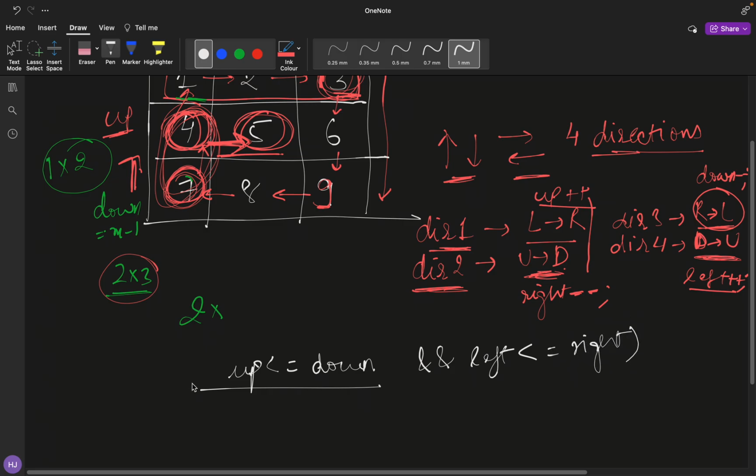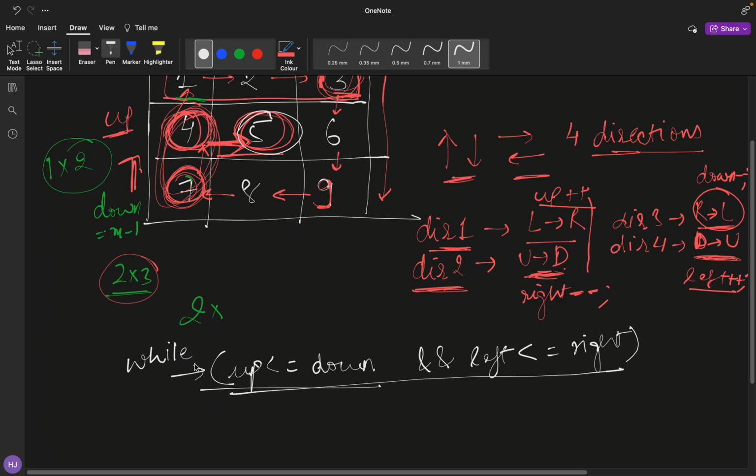And one thing I definitely wanted to say is that both of these conditions will happen at the same point whenever we reach the central portion, which is the eliminating point of this traversal.